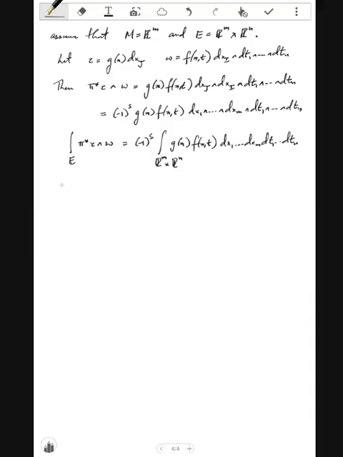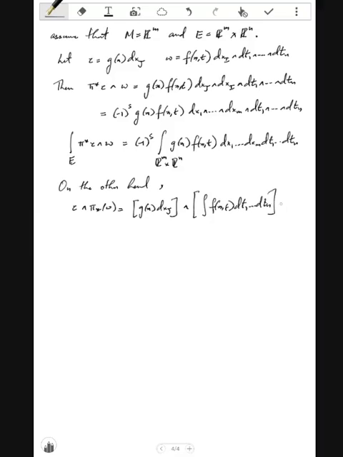On the other hand, tau wedge pi lower star omega is equal to g of x dx_J wedge integral over the fibers dx_I.